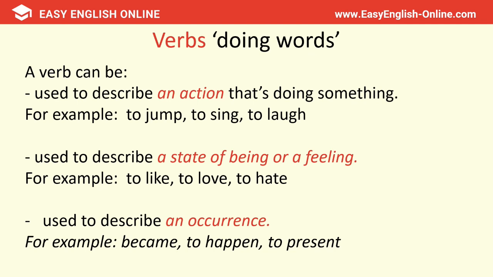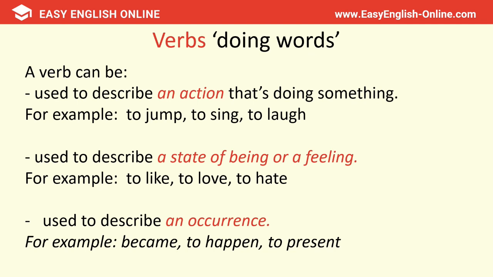Now, our next part of speech that we're going to look at are verbs. What are verbs? A verb can be thought of as a doing word. It can be used to describe an action that's doing something. For example, to jump, to sing, or to laugh. Verbs can also be used to describe a state of being or a feeling. For example, to like, to love, to hate.